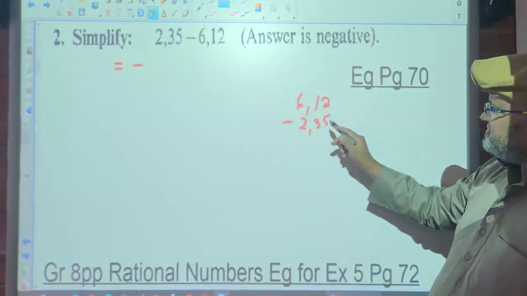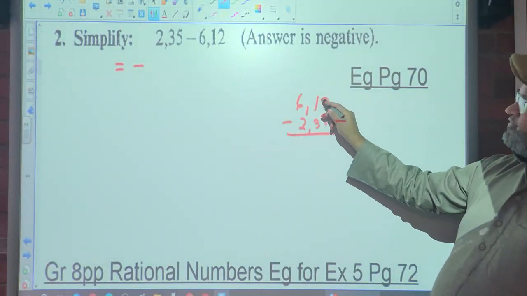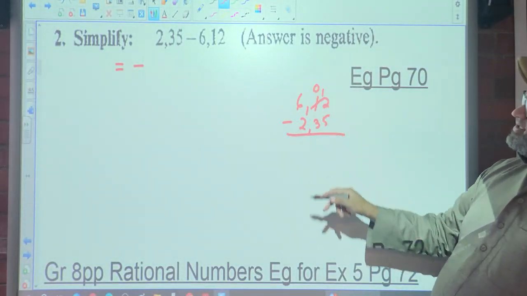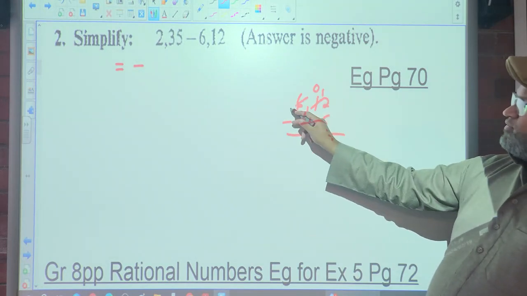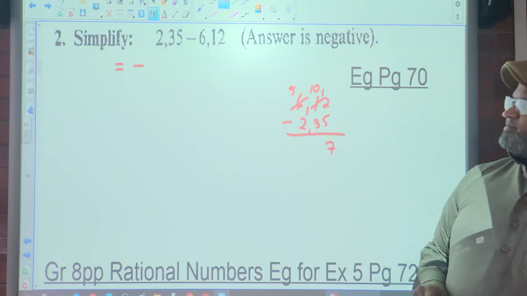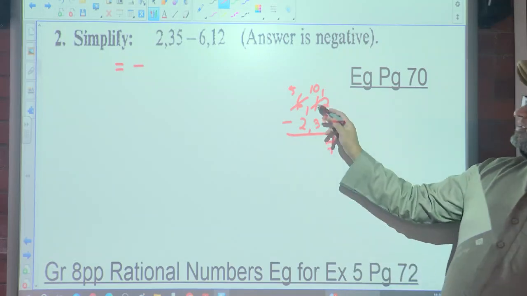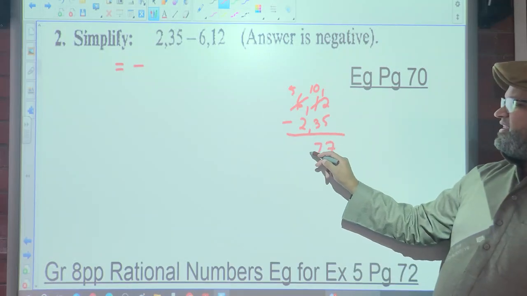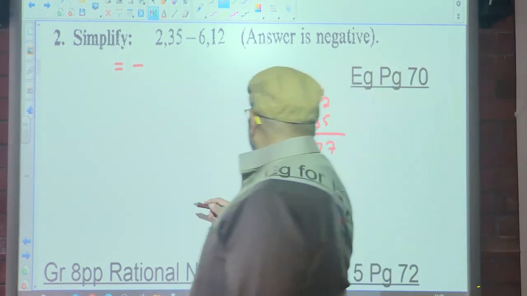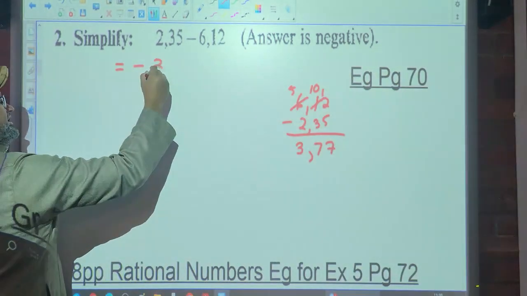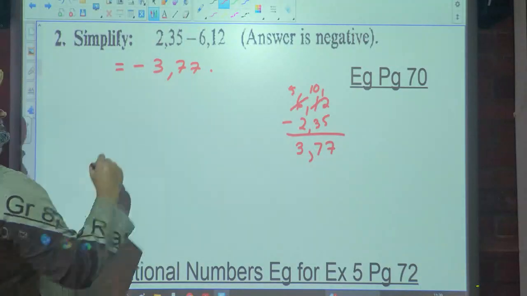So 2 minus 5, you can't. You take a 1 away, it leaves you with 0. 12 minus 5 is 7. 0 can't minus 3. You take 1 away, gives you 5. That number becomes a 10. 10 minus 3 is 7. 5 minus 2 is 3. So the answer is going to be negative 3 comma 77.